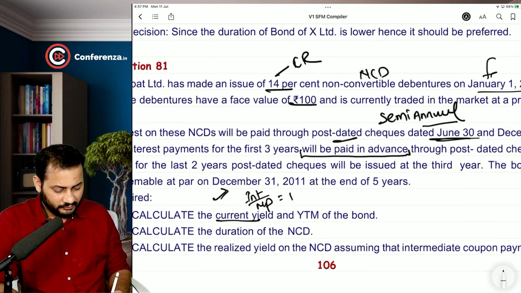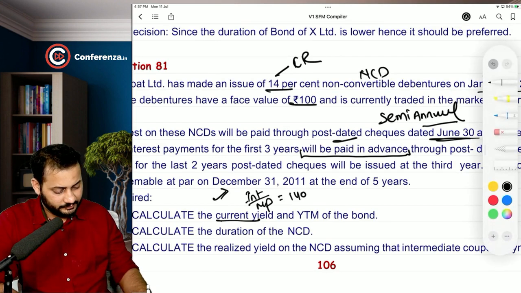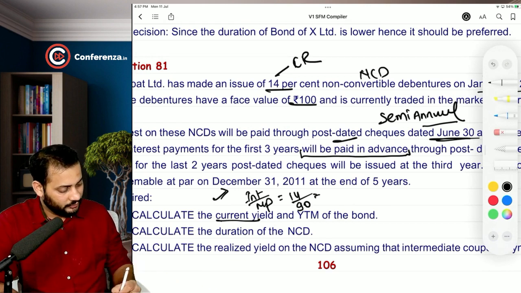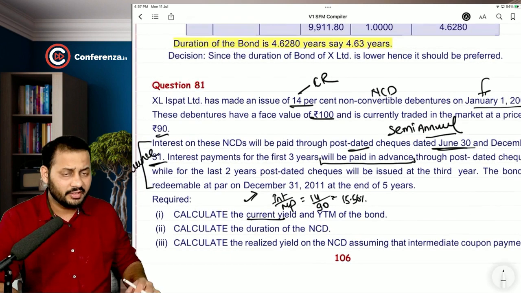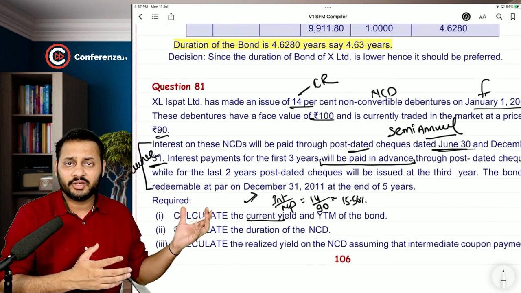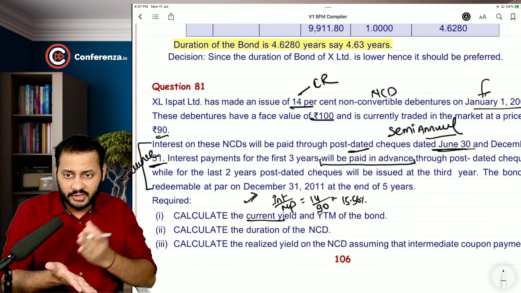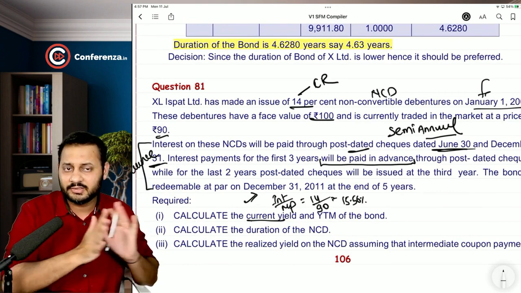Interest, 14 divided by 90, gives 15.56%. But sir, you said that interest is paid half yearly, then why are you not taking half year interest? You can take it. In current yield, if you take half year interest or a full year interest, it doesn't matter.